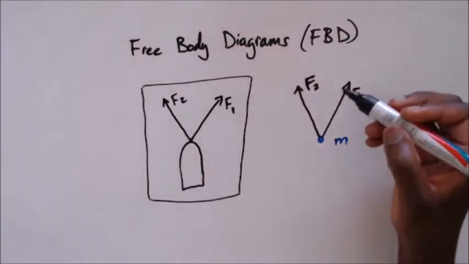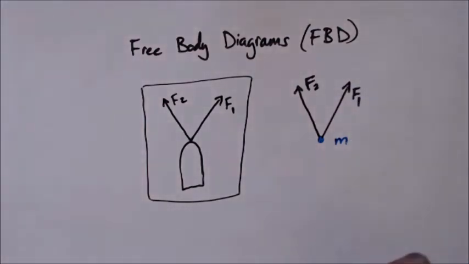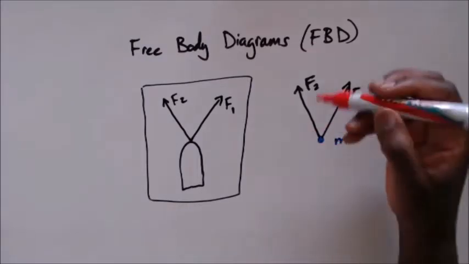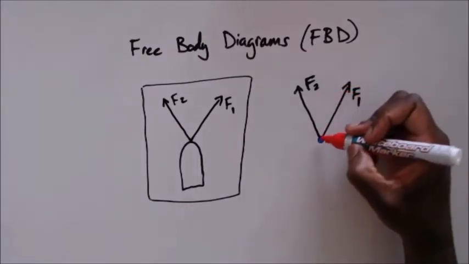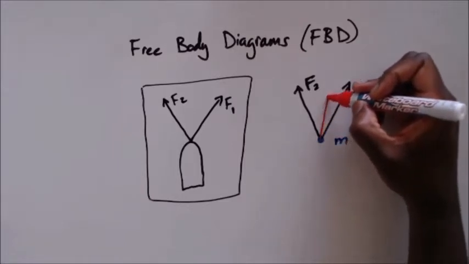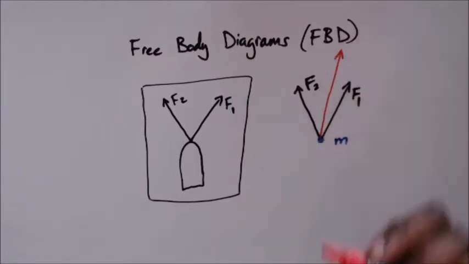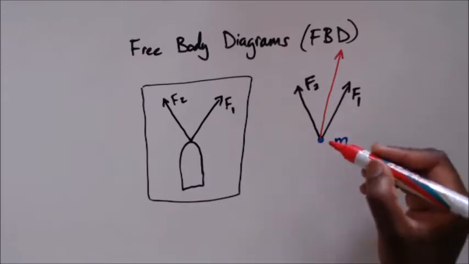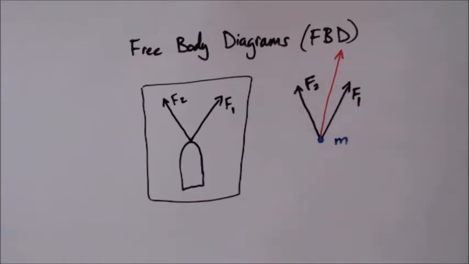Then what we can do is use what we learned in the last section to find the resultant of F1 and F2. And that resultant, we know, would be in this kind of direction, like that, for example. And that resultant is what will influence the acceleration of the ship.